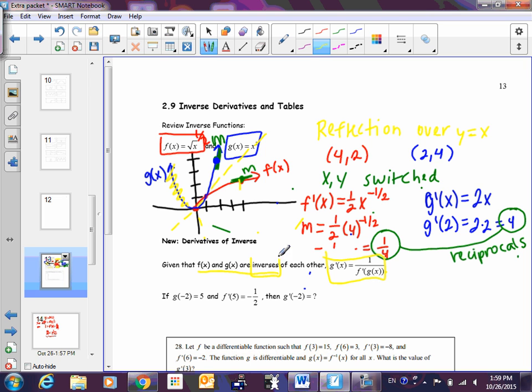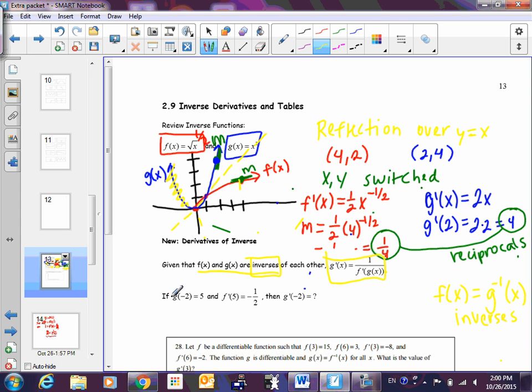Sometimes they use the word inverse, and sometimes they say f of x is equal to g to the -1 power. When that happens, that means inverses. So you need to know that, and you have seen that before, hopefully.